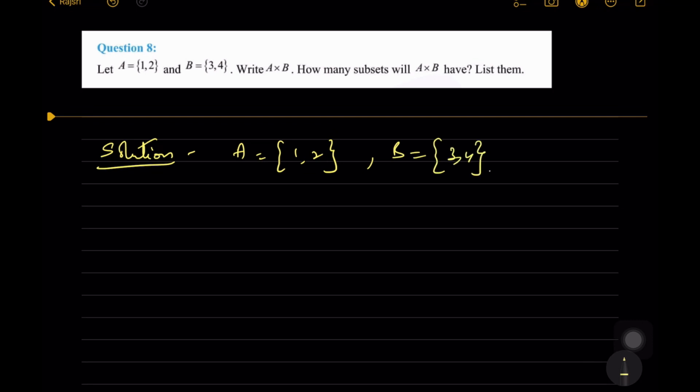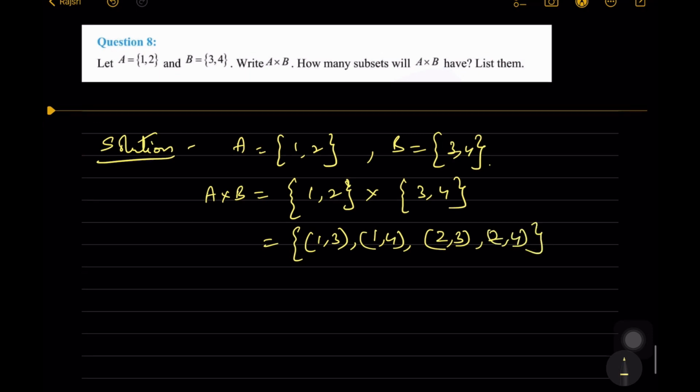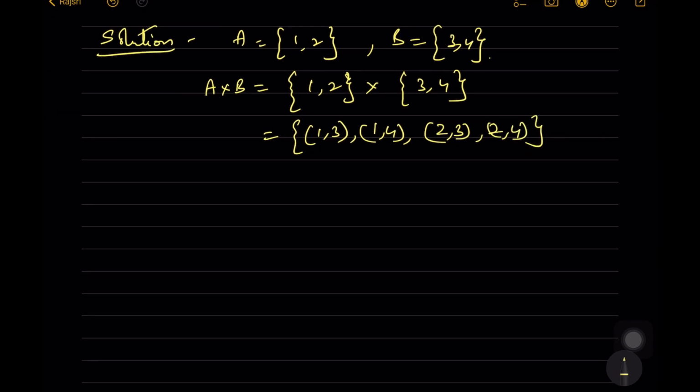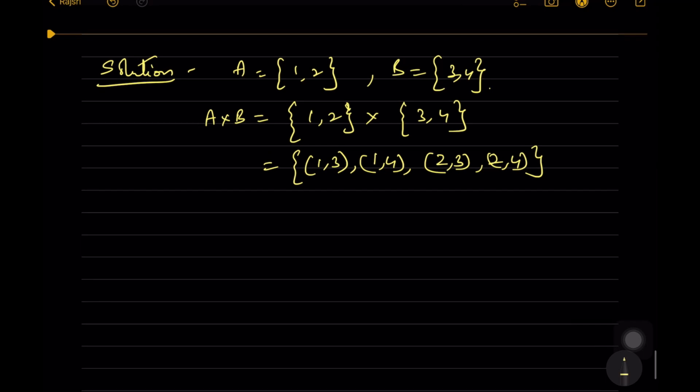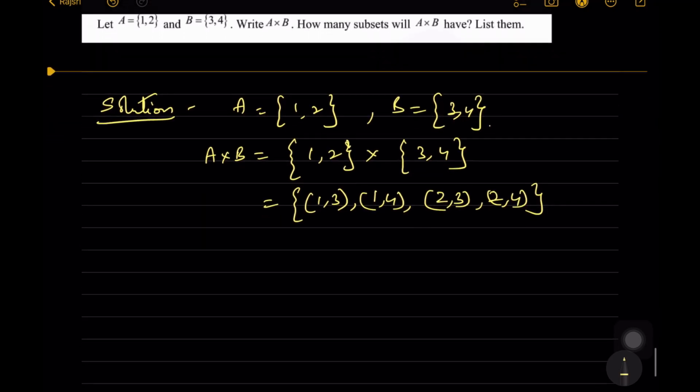A cross B is asking to write what is A cross B. A cross B is equal to {1, 2} cross {3, 4}, which is equal to {(1,3), (1,4), (2,3), (2,4)}. Here this is A cross B.